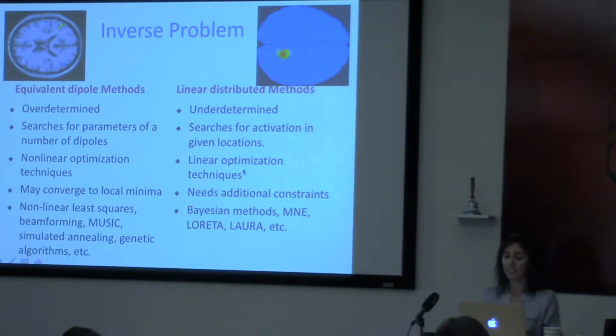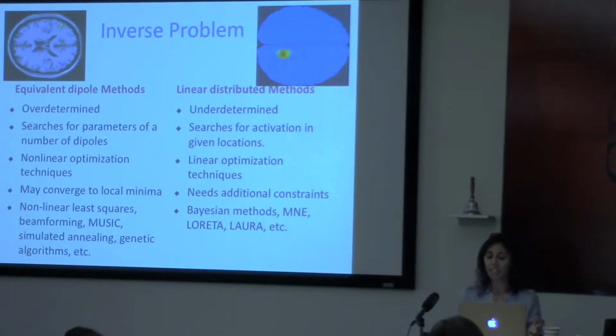In linear methods, on the other hand, we determine the possible source locations, and we search for activation in these given locations. The most common source space would be the cortex. So the whole cortex is modeled by dipoles, and then we search for which ones are active to give out that potential distribution.